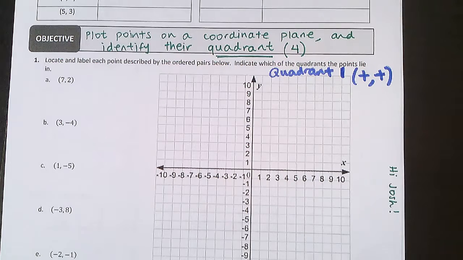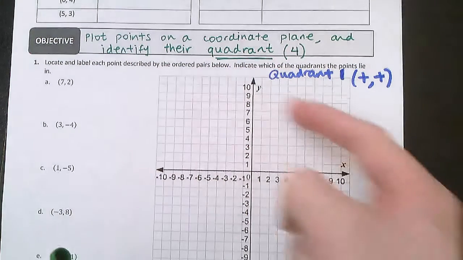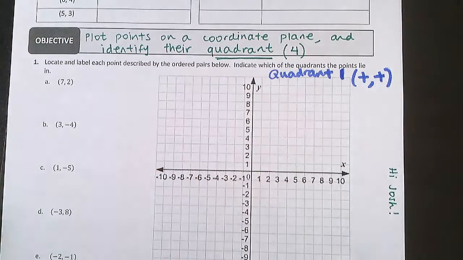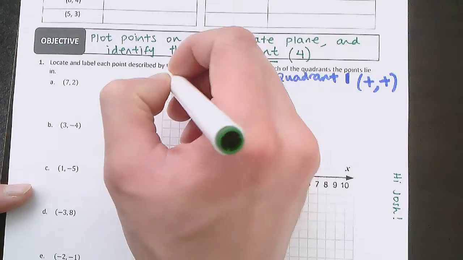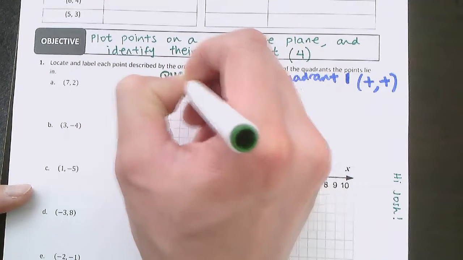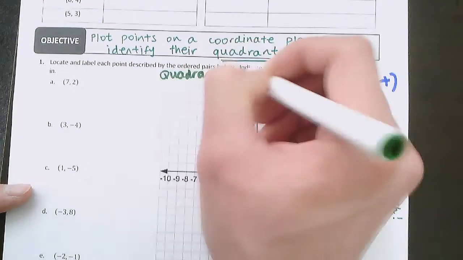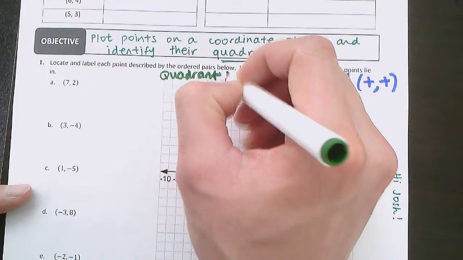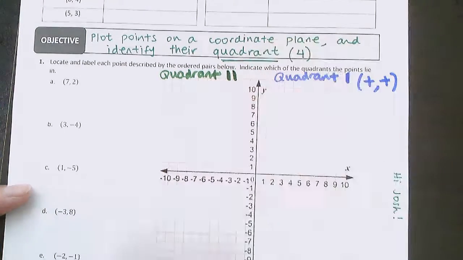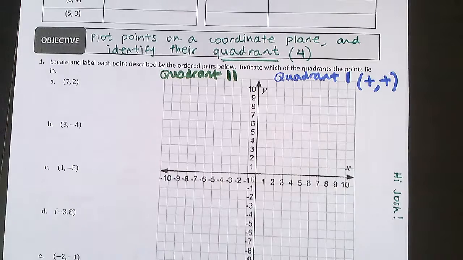Then the next quadrant, you're going to go to the left, and so quadrant 2 is going to be on this side. So over here I want you to write quadrant 2. I'm going to use Roman numerals for this one. Quadrant 2.